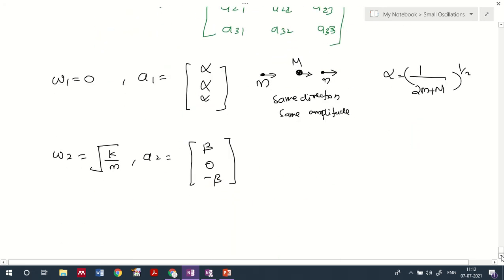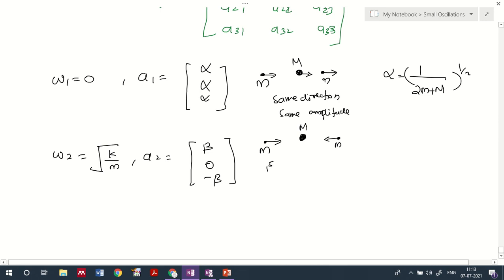Beta, 0, minus beta. In that case we have a small mass which is moving in one direction, and again this mass is moving in the opposite direction. The center atom will be at rest, the larger central atom, that is capital M, is at rest.